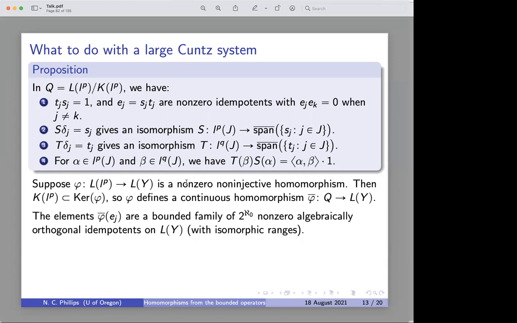Remember, those things are in the Calkin algebra. They're a bounded family of 2 to the aleph-0 non-zero, algebraically orthogonal idempotents on L of Y.